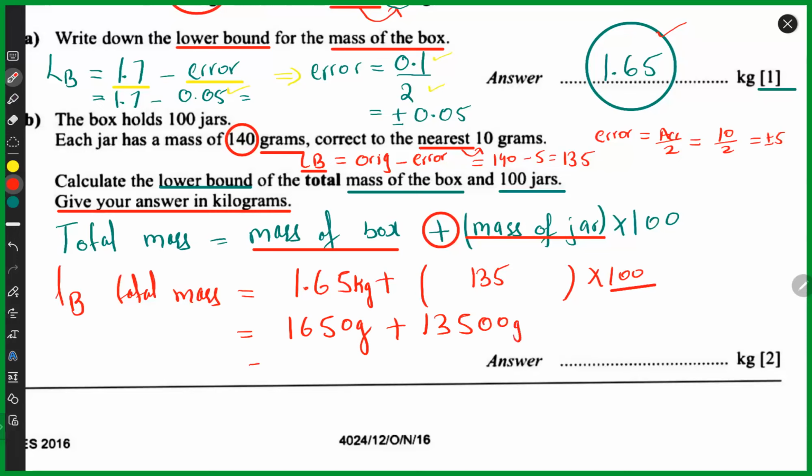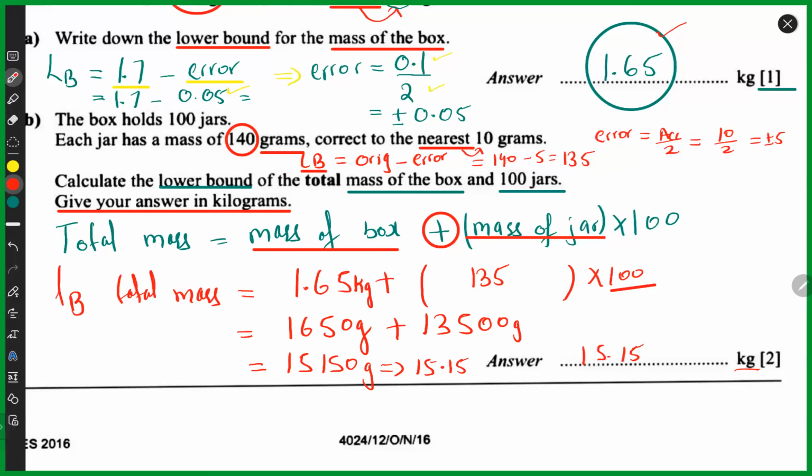And now I can directly just add this up. 1650 plus 13500. Please do that on your own without using your calculators, because this would come in paper 1. And this is 15150 grams. Final answer has to be in kgs. So we need to divide the quantity by 1000 to get it in kgs. And this would give me 15.15 kgs.